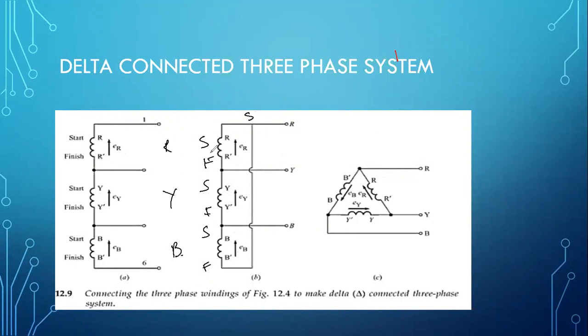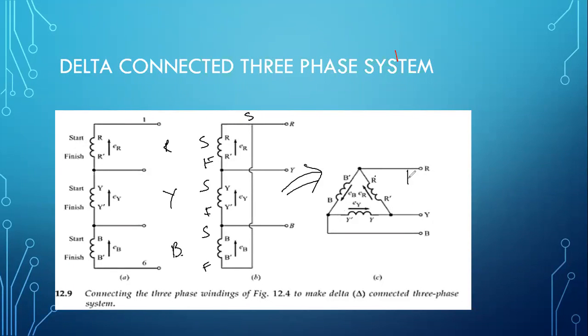This way, when we do the arrangement, it turns out to be in the form of a triangle, where start and finish, start and finish, and start and finish are connected to each other. Now I can draw wires or lines from R, Y, and B. These three are my lines.